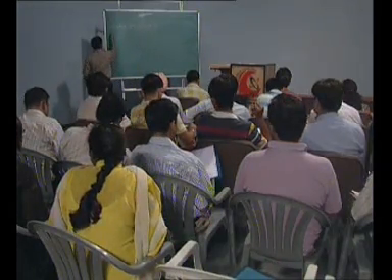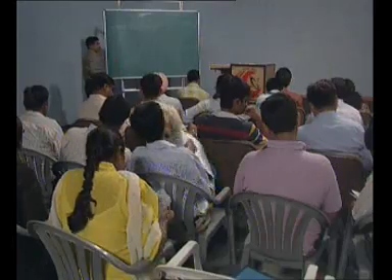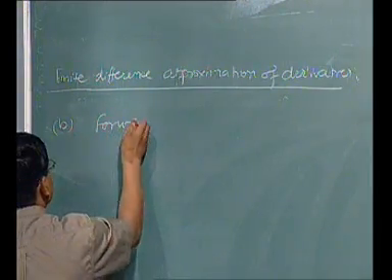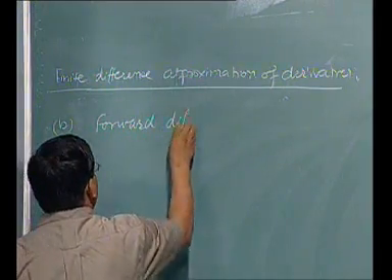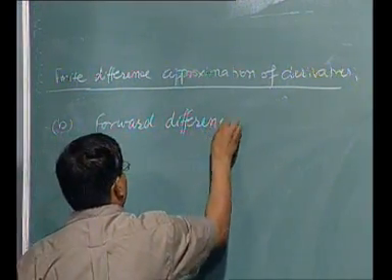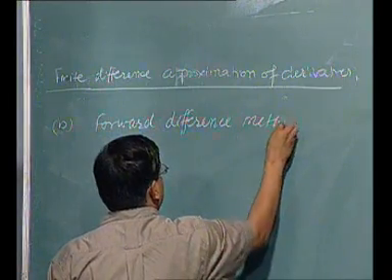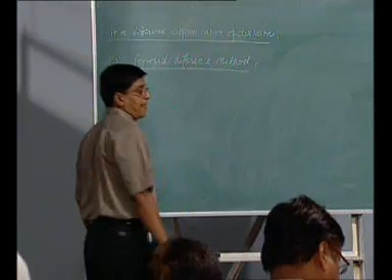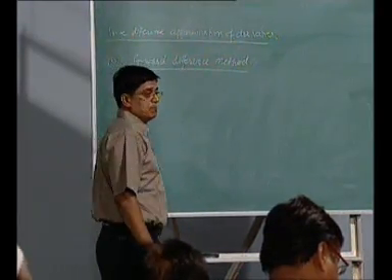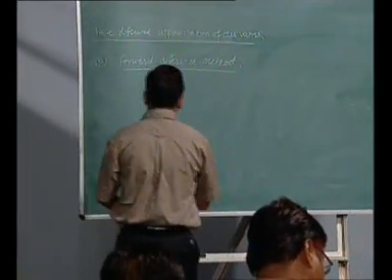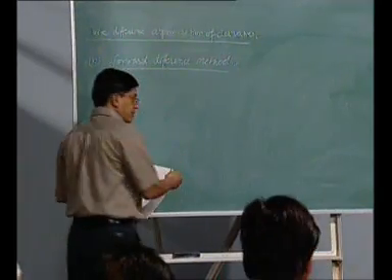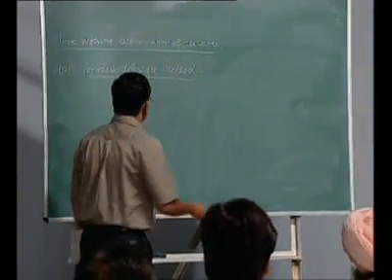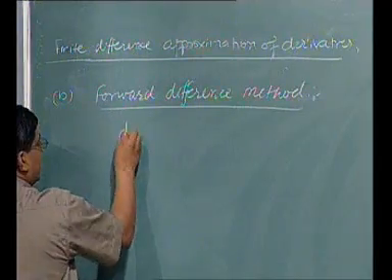Next is the B part of this one, the forward difference method. Right. So, according to the forward difference method, again y(t) is replaced by y(k). Again we are taking the differential equation here.